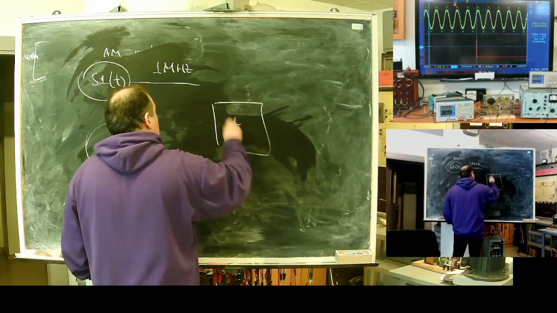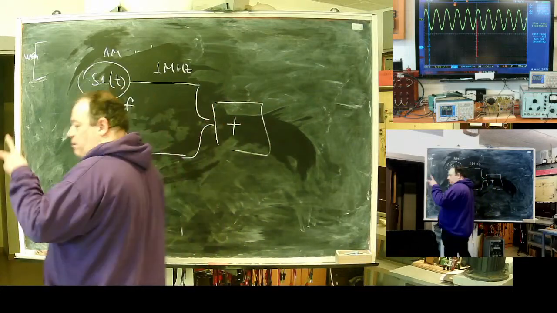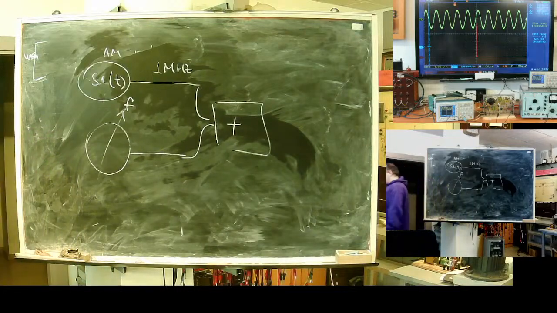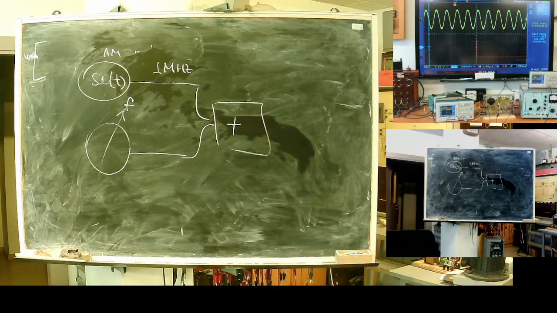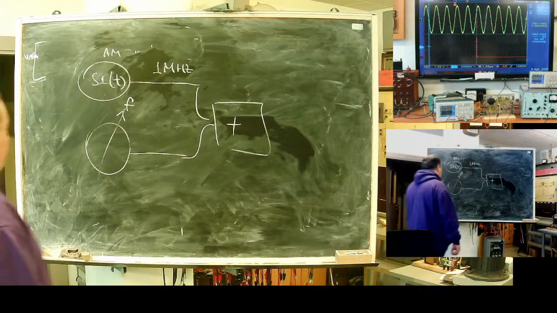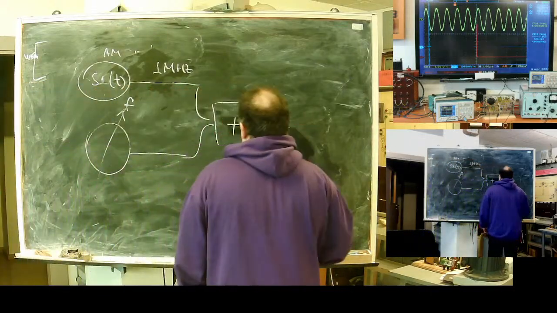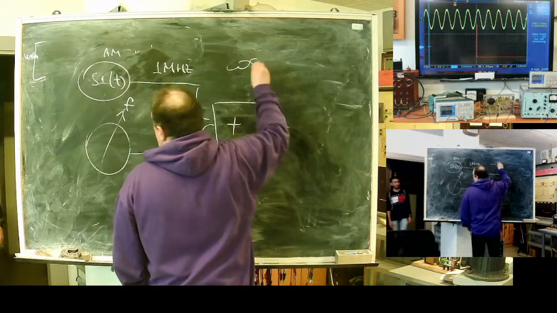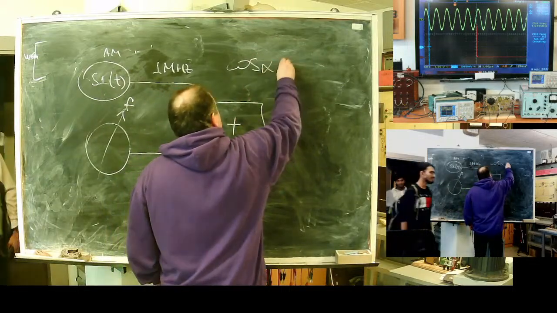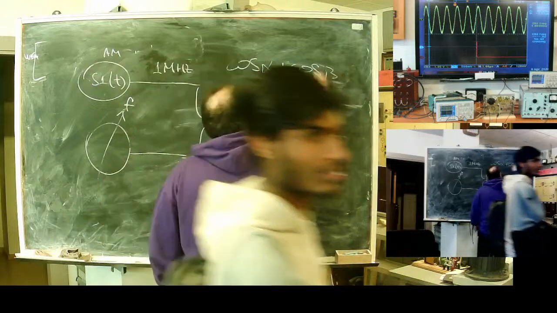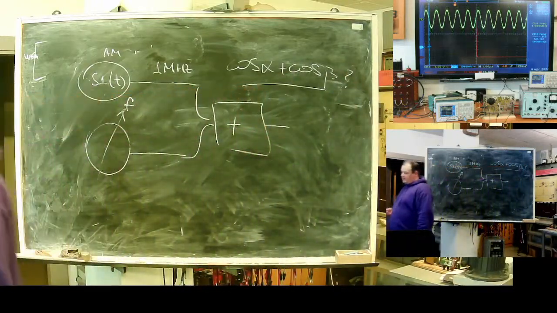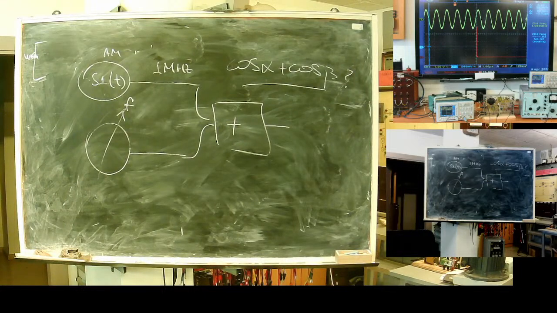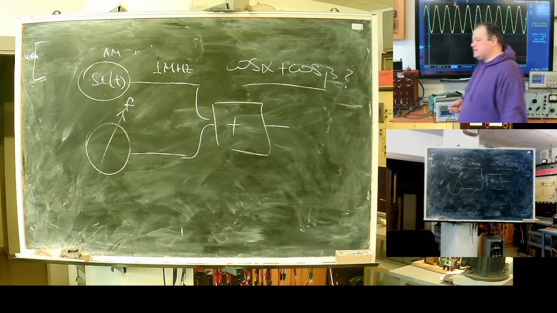If I put them via this double input amplifier, if I get a sum of that, what will I get as output? What's the product of sum of cosines?